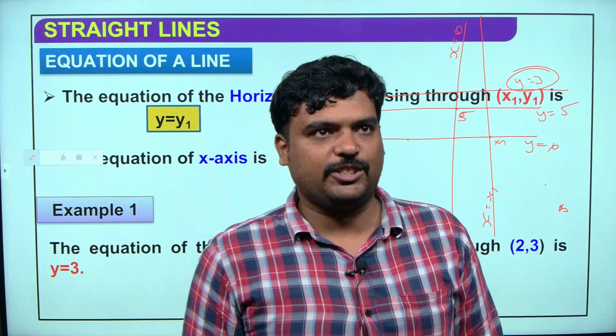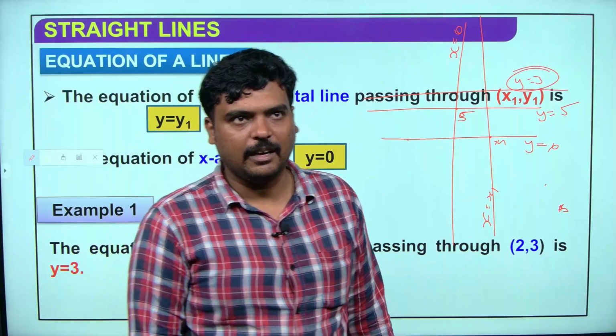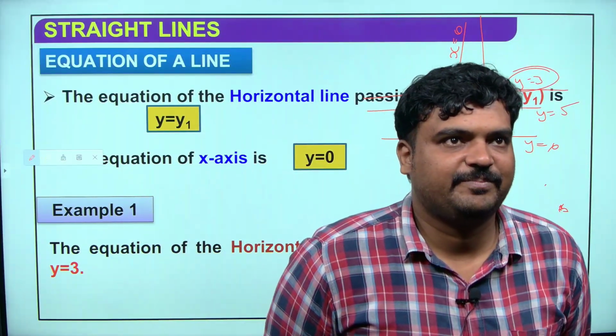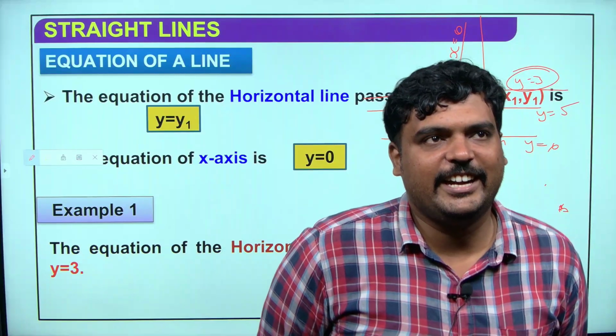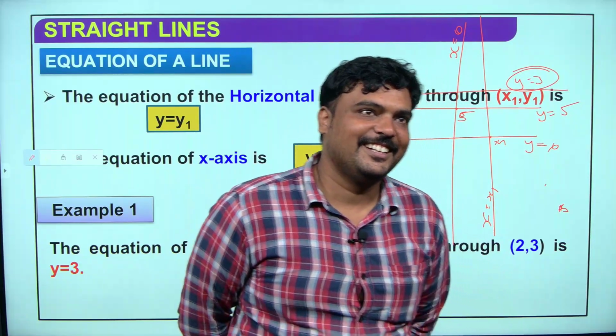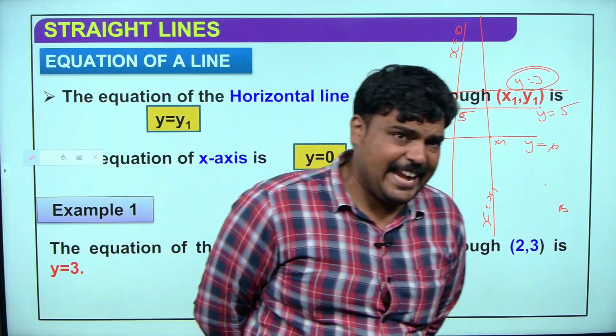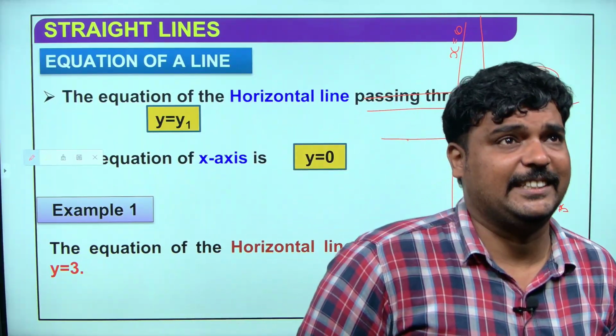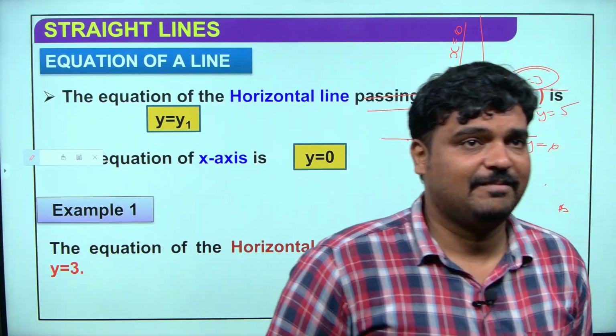Joel, are you ready for the next question? The line which is parallel to y-axis and passes through the point -1 comma -1.